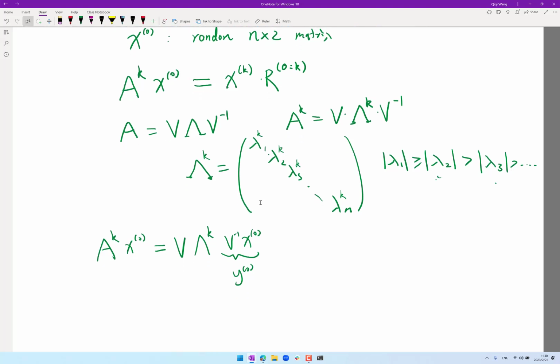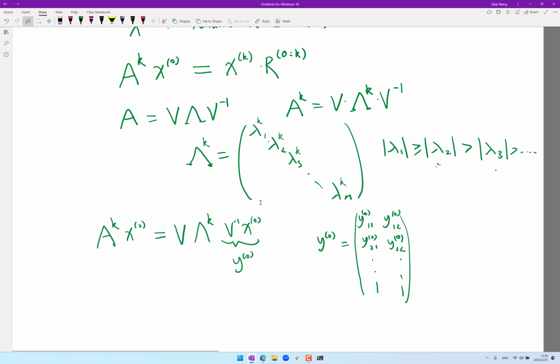So then let's write out y0 as y0 1 1, y0 1 2, y0 2 1, y0 2 2, etc. What we're going to see is that this initial matrix is multiplied by this diagonal matrix lambda to the kth power, the entries of which have vastly different orders of magnitude, right?